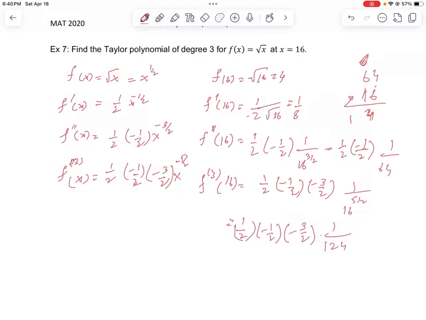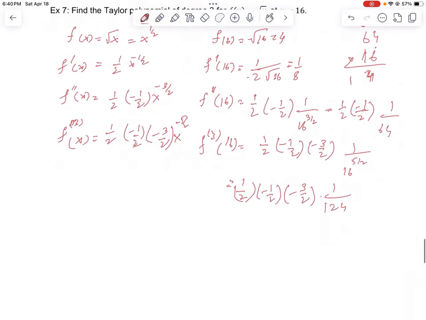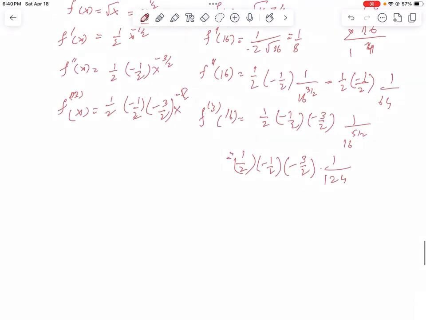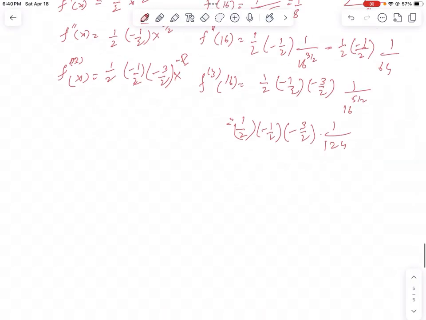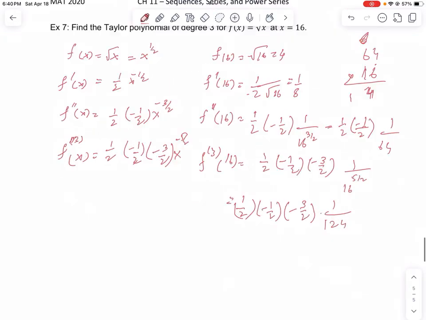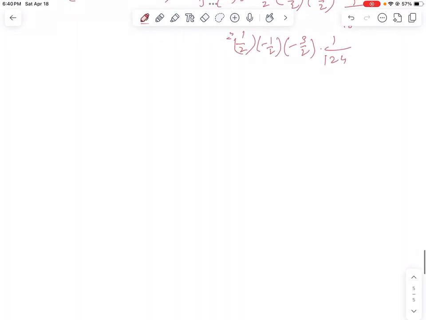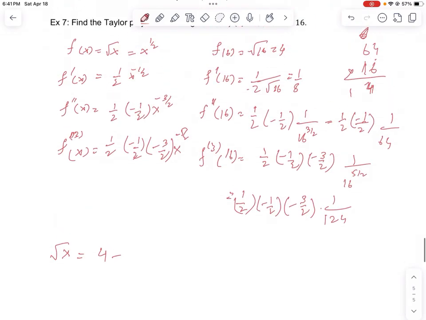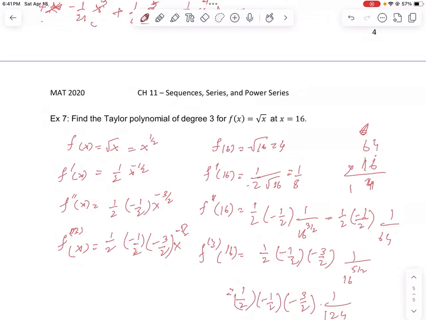Okay. So now we will write the polynomial. The polynomial comes, the square root of x, f of 16 was 4. Now note here the next derivative, the first derivative gave us 1 over 8.